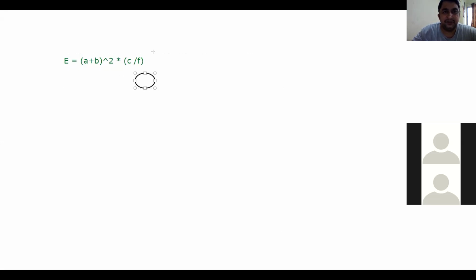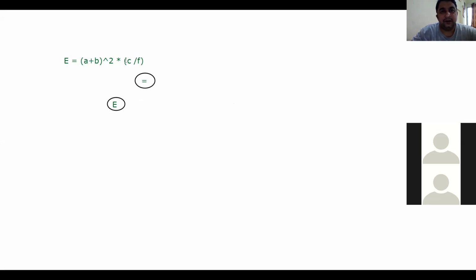This is the major operator, that is, sorry, equals to. Now here equals to is your major operator. And on the left hand side of equals to, what is there? E.